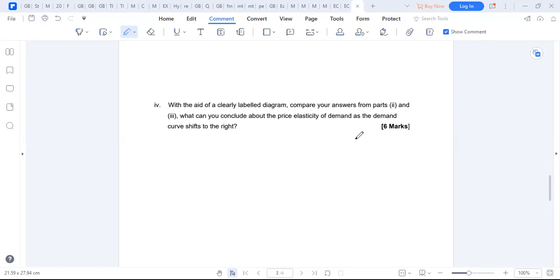So elasticity of demand, as we calculated, is the percentage change in goods demanded divided by the percentage change in price.